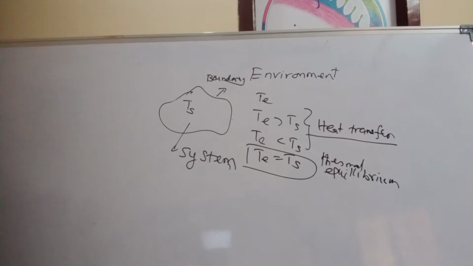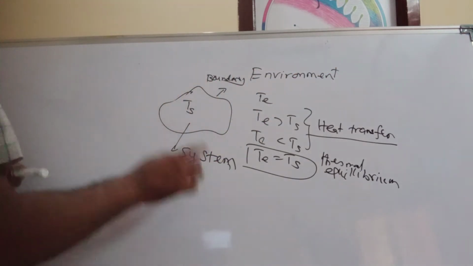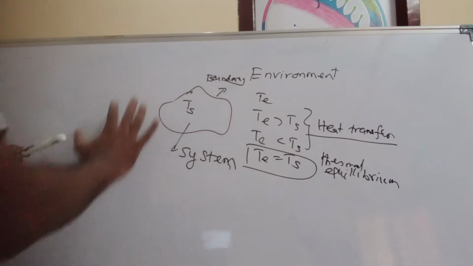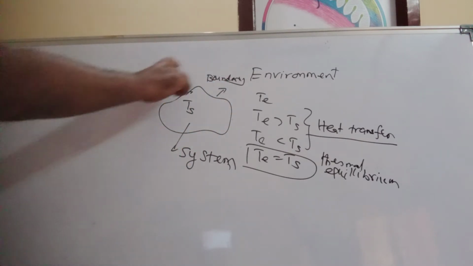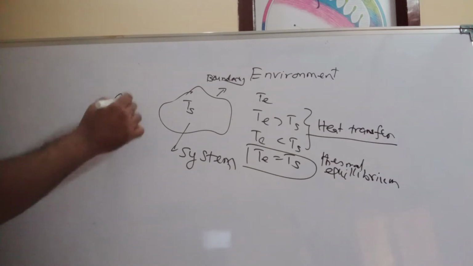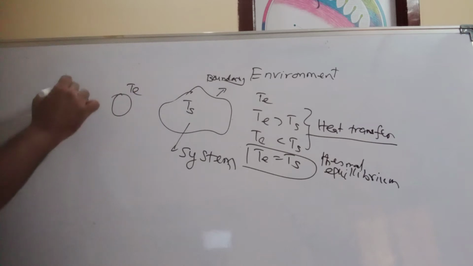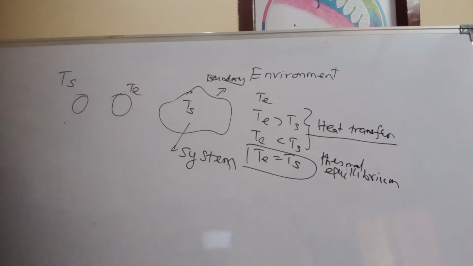Now, while understanding this concept of heat transfer, you imagine environment as another big body and this system as a body. The environment is all surrounding the system. There is air all around. You just imagine like it is another huge body, and its temperature is Te, and this is your system whose temperature is Ts.